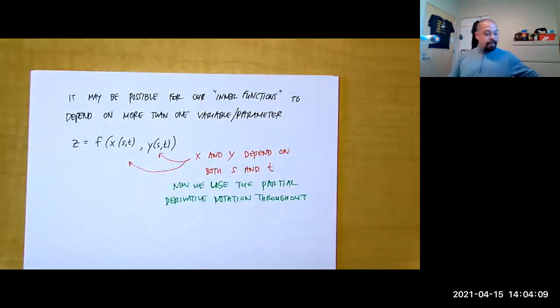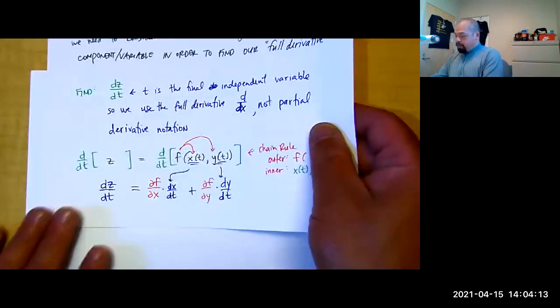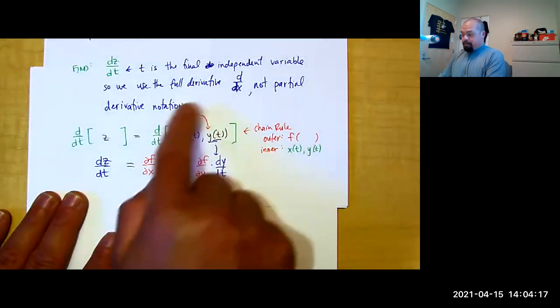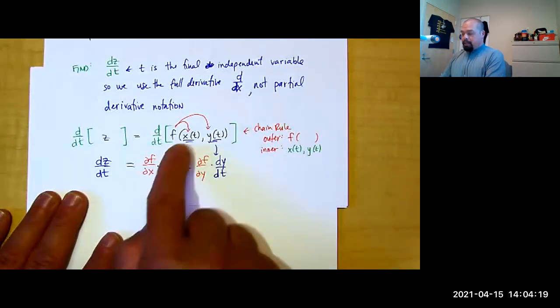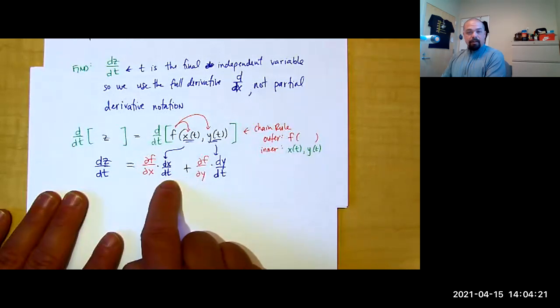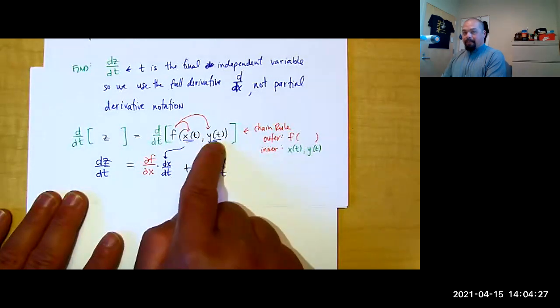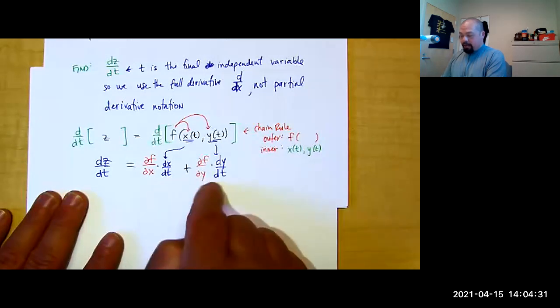Right, in that previous discussion, we used that kind of full derivative because x and y only depended on t alone. There's no other variable that can cause a change in that function, in that quantity. So it gets that full derivative.